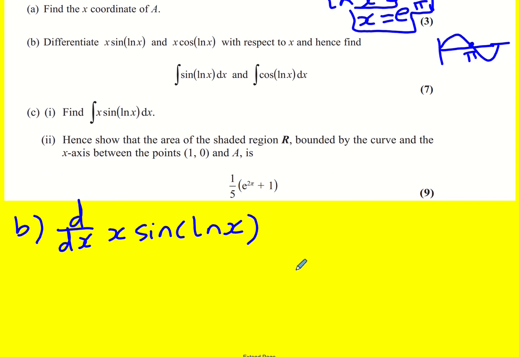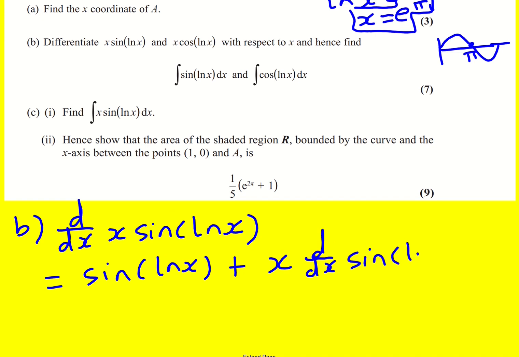Okay, for this we can use first of all the product rule. So it's going to differentiate x, which gives me 1, and times by this, sine ln x, and then add x times the derivative of sine ln x, for which I need to use the chain rule.